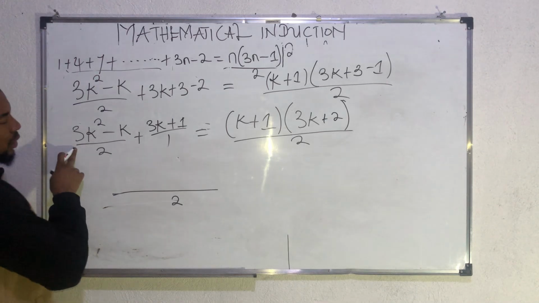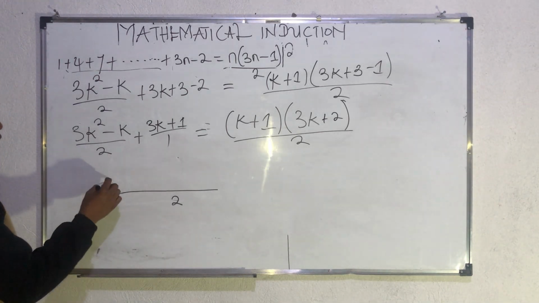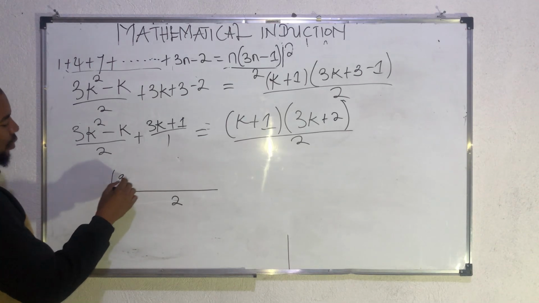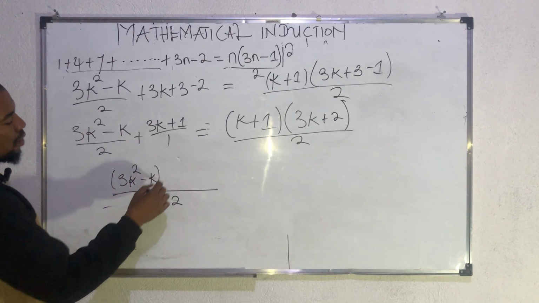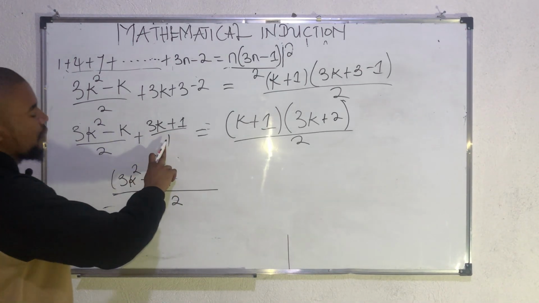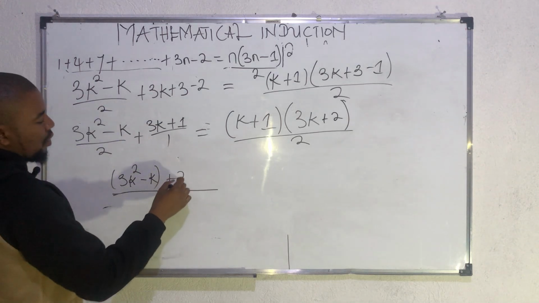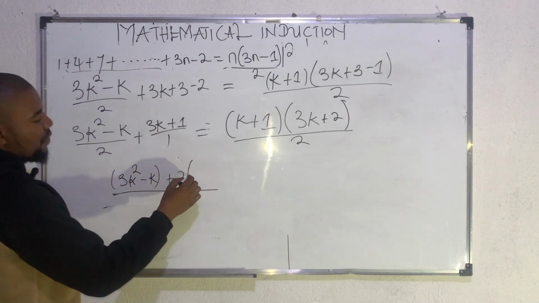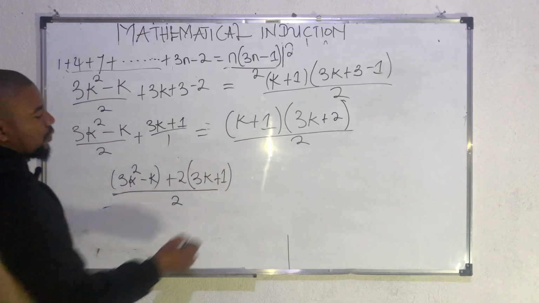It's still going to remain as it is because anything multiplied by 1 will give you the same value. Hence, this becomes 3k squared minus k plus. For this part, 2 divided by 1 will give us a 2. Hence, we multiply the right part by 2. We're going to have 2 multiplied by everything here, 3k plus 1.